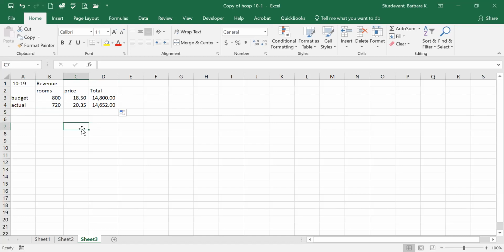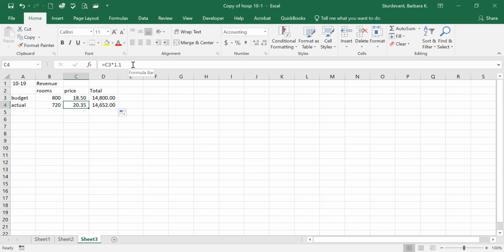I'm sorry, how do we get the 20.35? Okay. If you look up here in my formula, the actual price is 10% more. So this is going back to your naive method from the previous chapter.